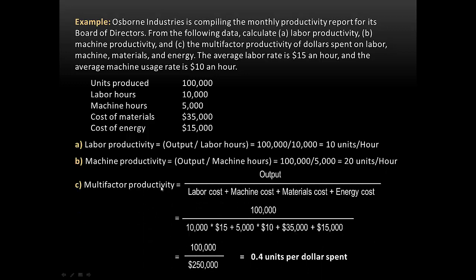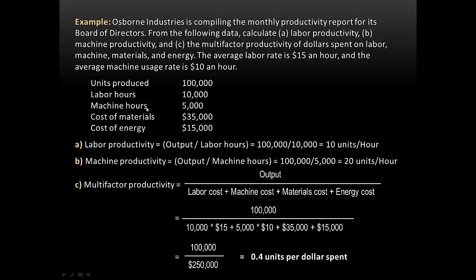Multi-factor productivity, or total factor productivity in this case, would be output divided by labor cost, machine cost, material cost, and energy cost. Now notice that we don't have labor cost given. We have labor hours, but we also know that the labor rate is $15 per hour. So labor cost is 10,000 times 15.